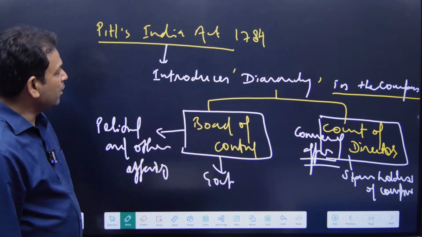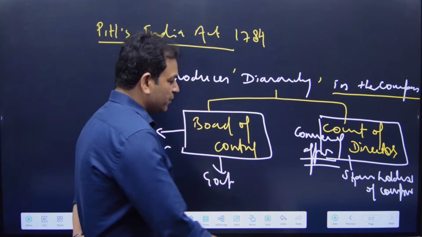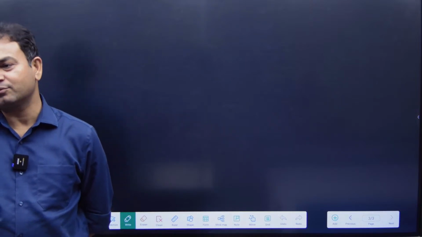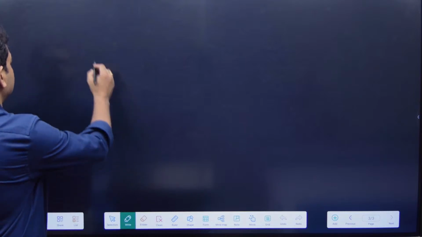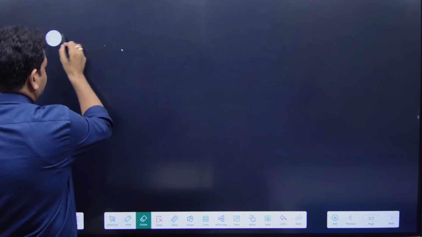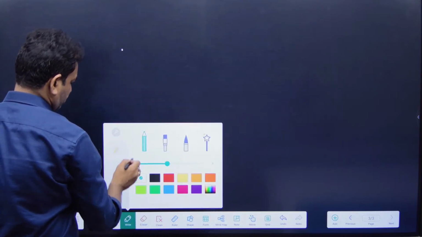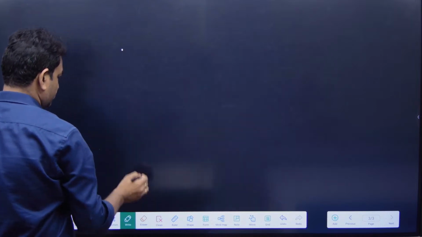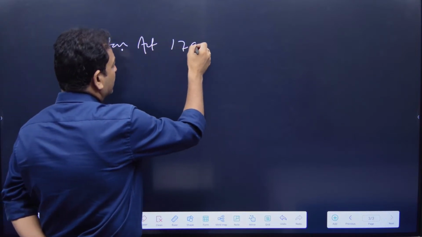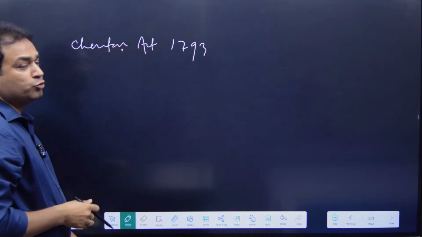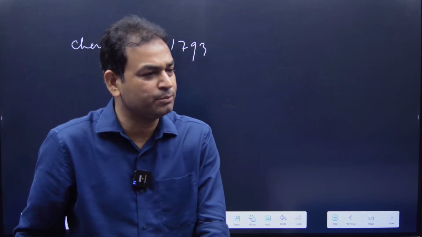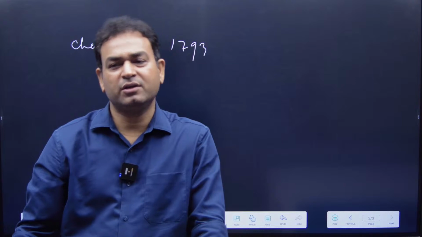Okay. Now after that, in 1793, first charter was enacted. Charter Act 1793. For 20 years, the arrangement was completely provided. This arrangement will continue for next 20 years.